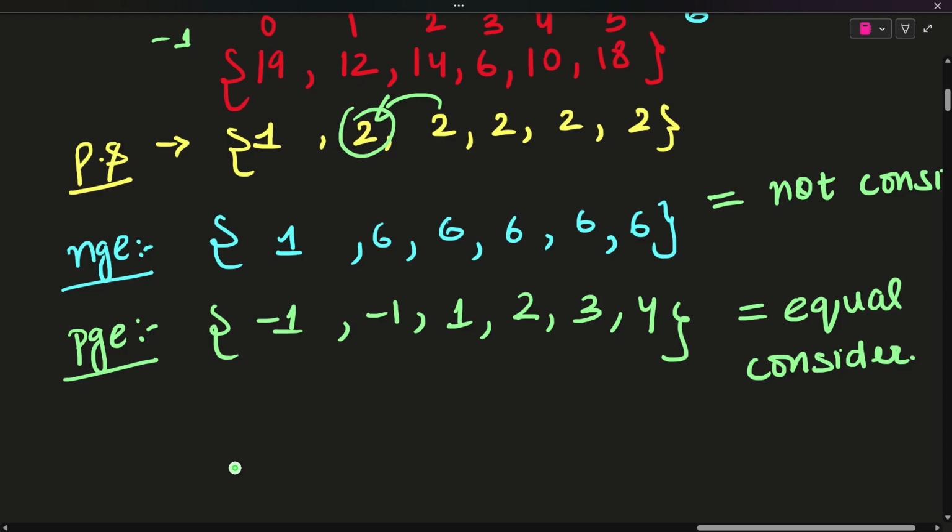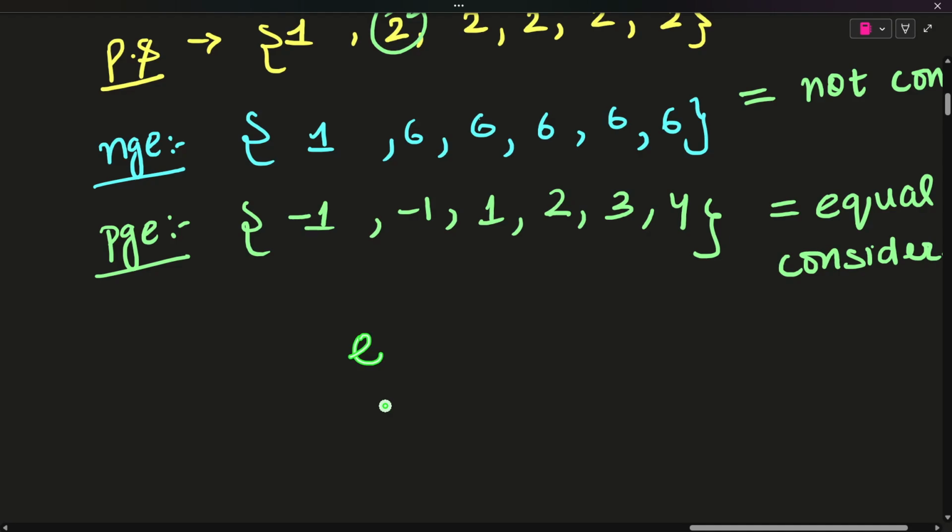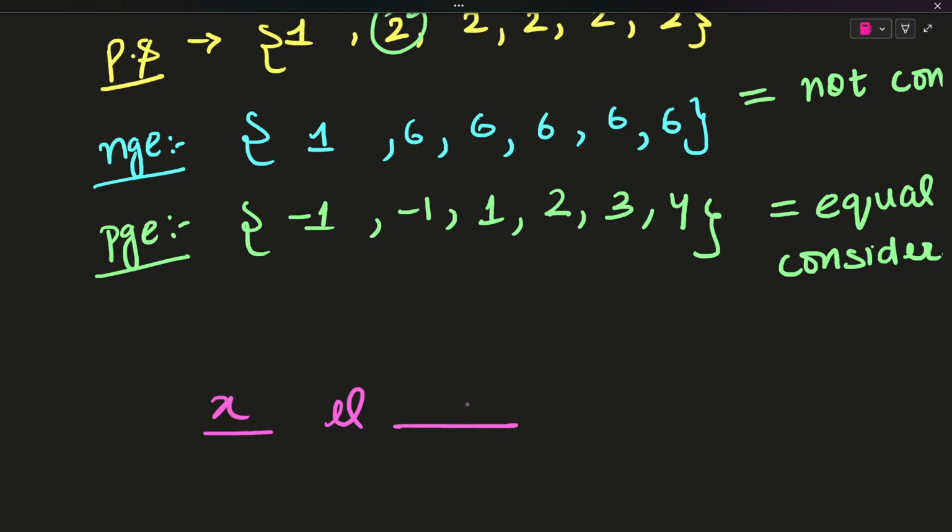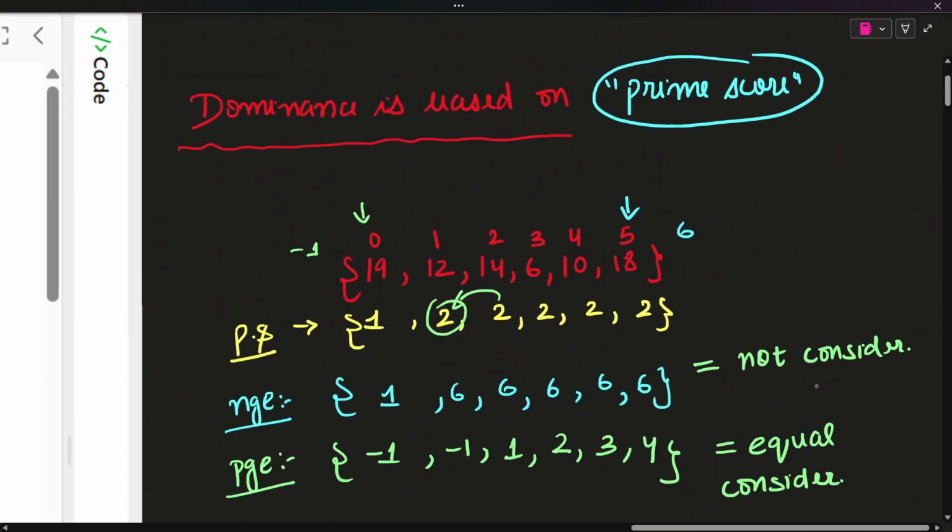How? Suppose there is an element and there is something left and right. So x and y. So x into y will be our dominance, right?